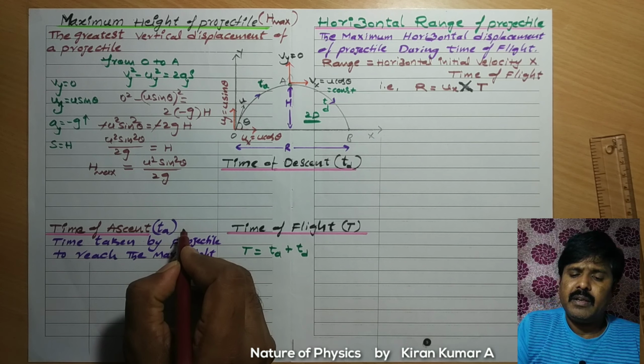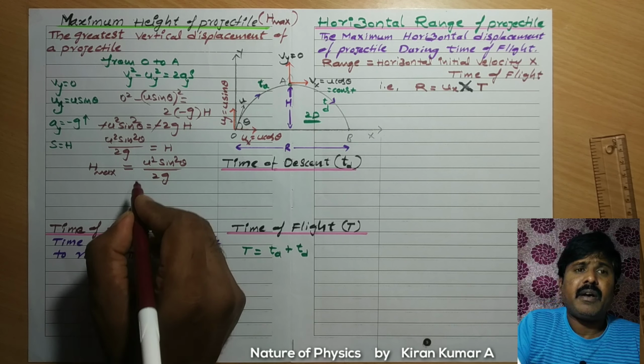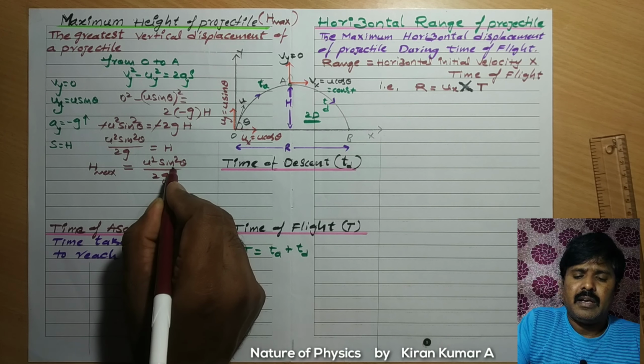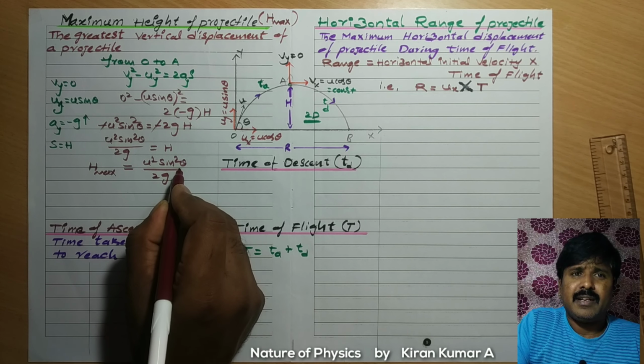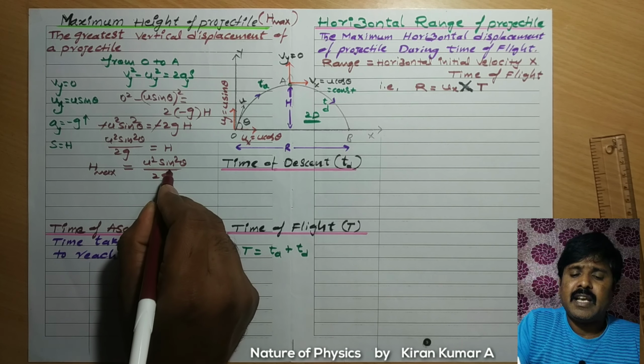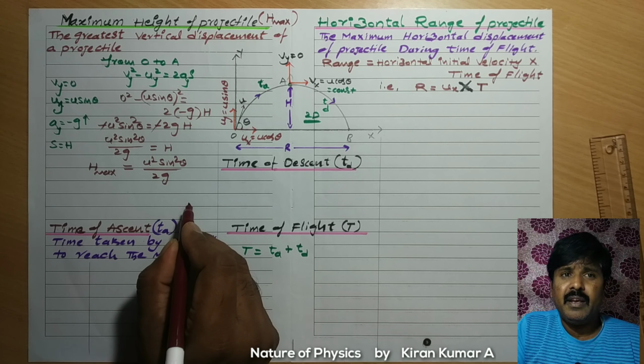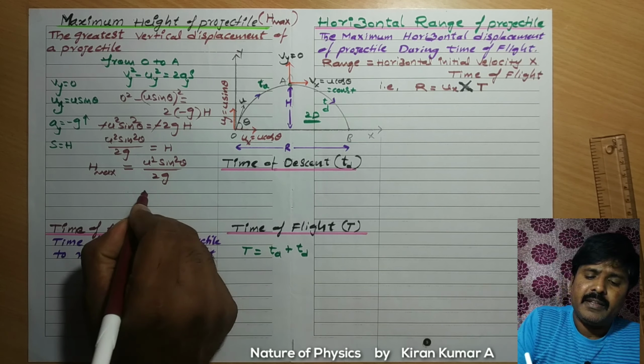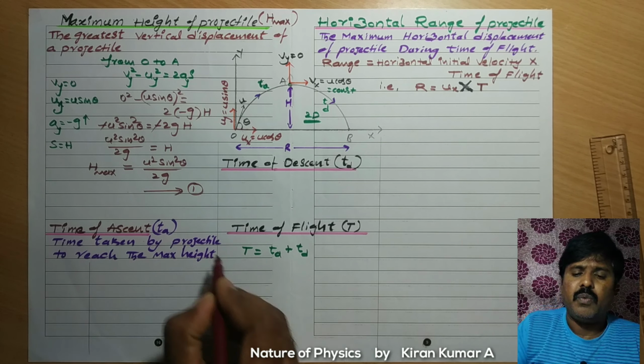And continuation here, maximum height depends on the initial velocity and also depends on sin theta, students, that is h max is directly proportional to the square of sin theta. Theta is the angle of projection, students. Now I can take this as equation number 1, students.